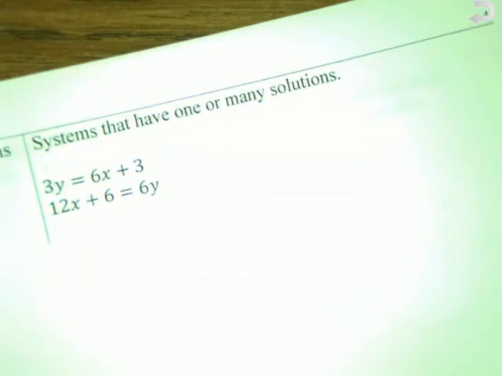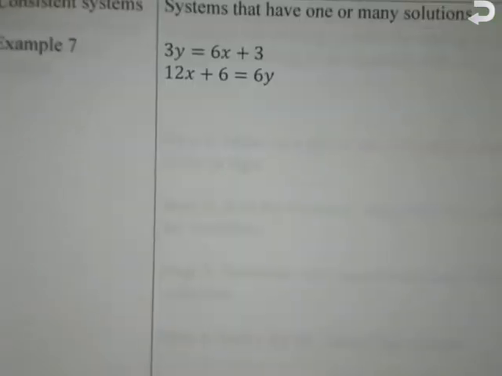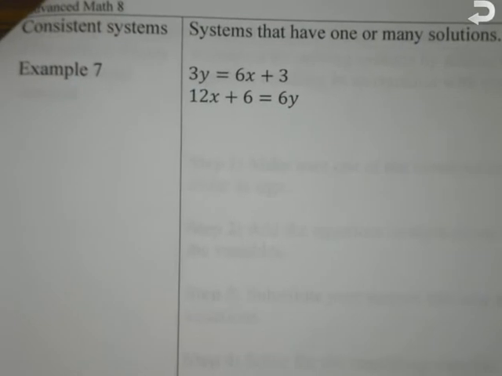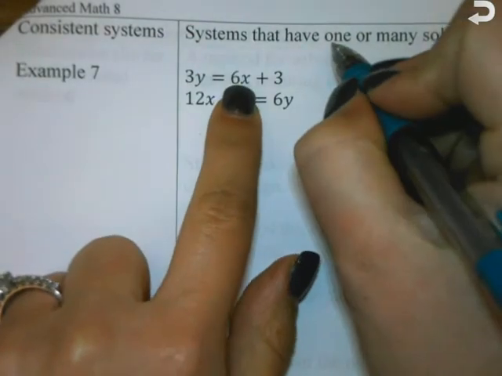So I have to define for you a consistent and inconsistent system. A consistent system is a system that has one or many solutions.